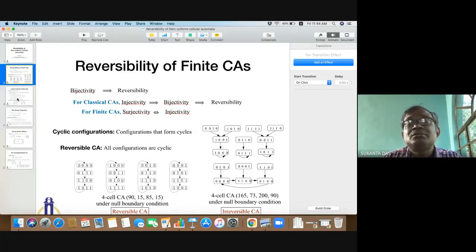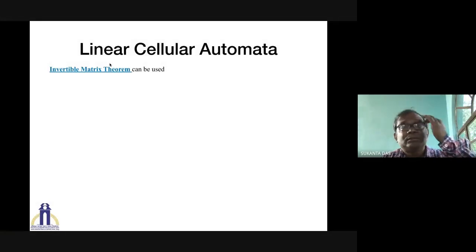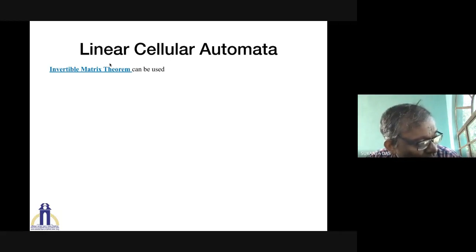Right? Any questions? Now, from this definition, we are moving to the next topic: reversibility of linear cellular automata. So we shall use a well-known theorem of matrix algebra called the invertible matrix theorem. It has many statements, so we have taken some statements which are useful to us.